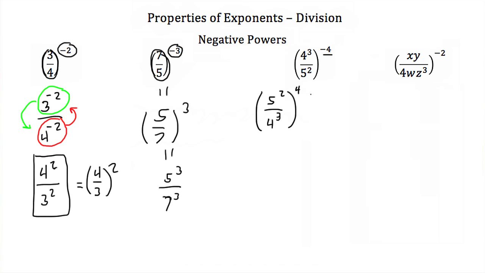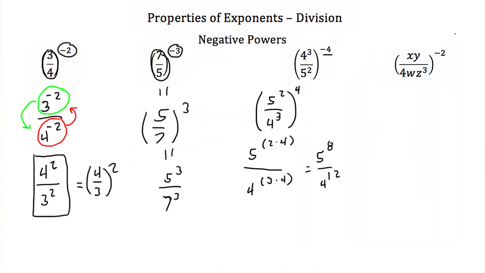Now we'll distribute this 4 inside, so we'll take the power to a power, and this will become 5 to the 2 times 4 power divided by 4 to the 3 times 4 power. This will further simplify into 5 to the 8th over 4 to the 12th.